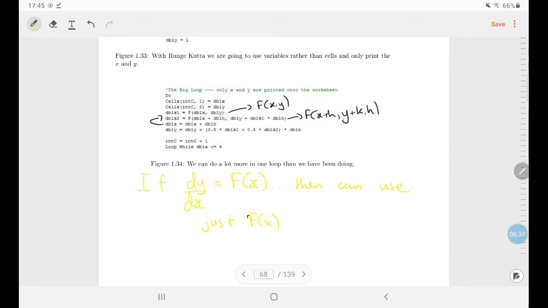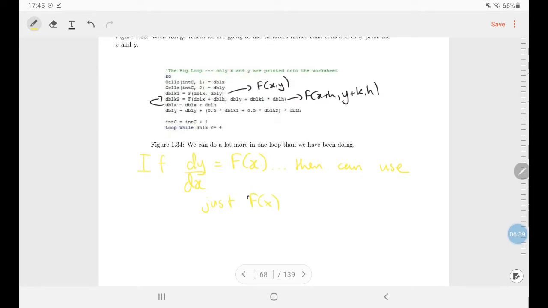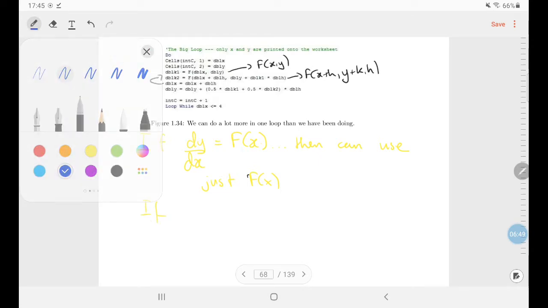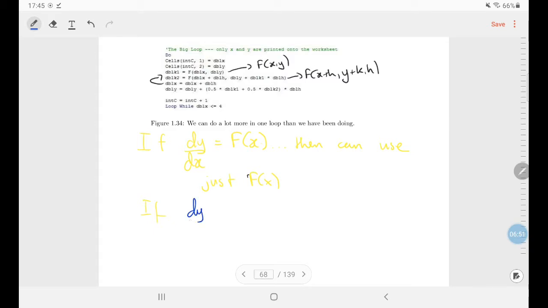So you wouldn't need f of x, y, or you wouldn't need f of x plus h, y plus h. I think there's a similar story if the derivative just depends on y. I have to be a bit careful here. I won't say that, but it's possible that you don't need it.